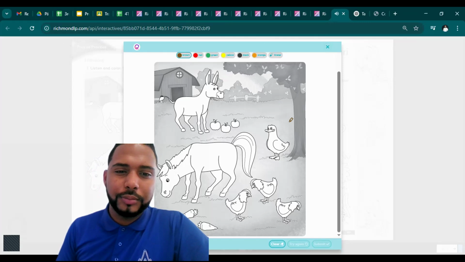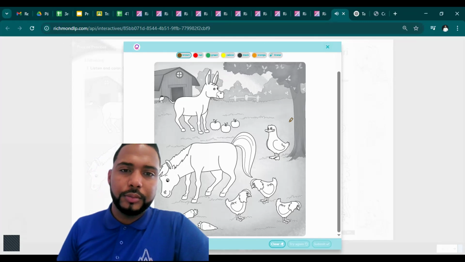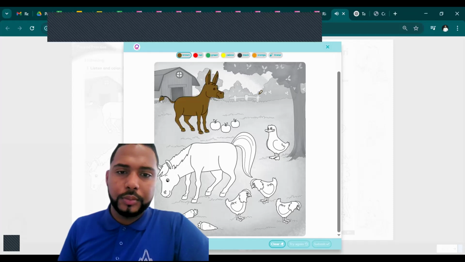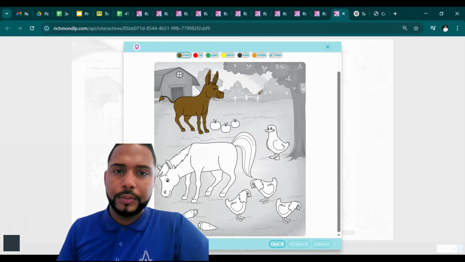1. Can you see the donkey? Yes, I can. Okay. Color it brown. 2. Now, can you see the apples next to the donkey?